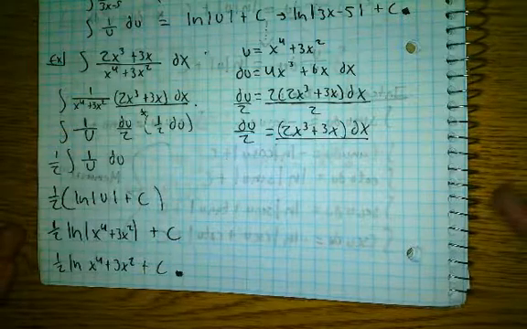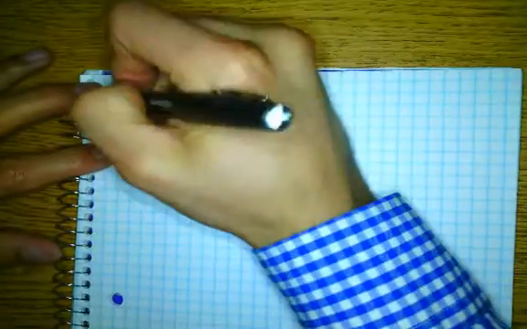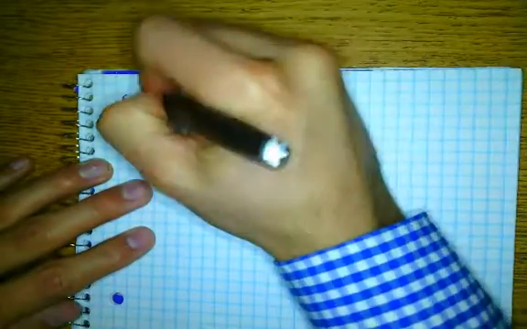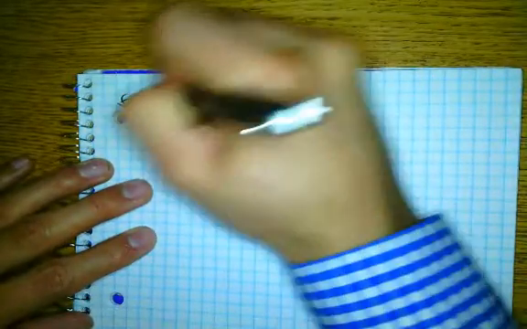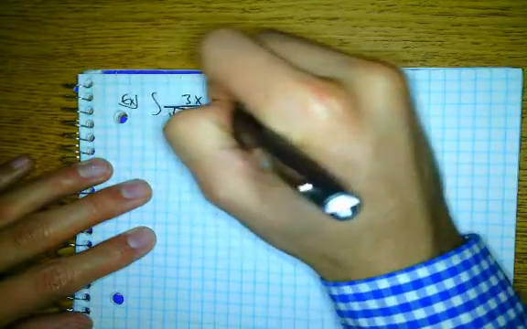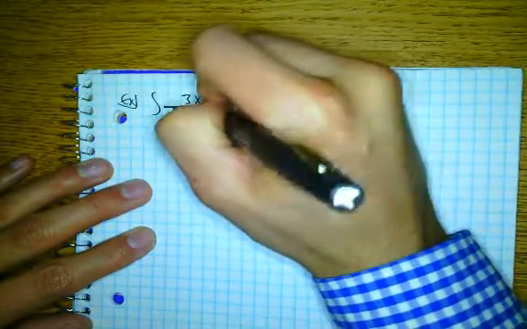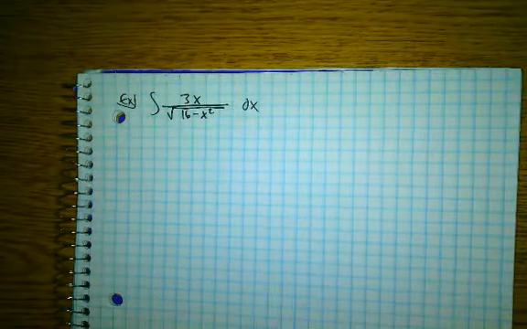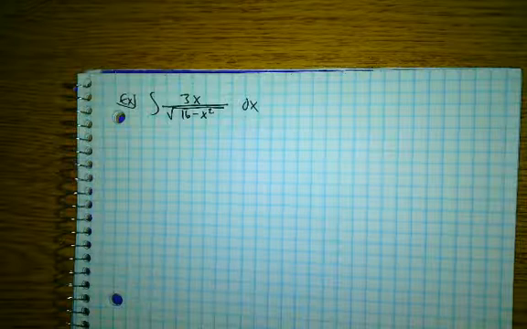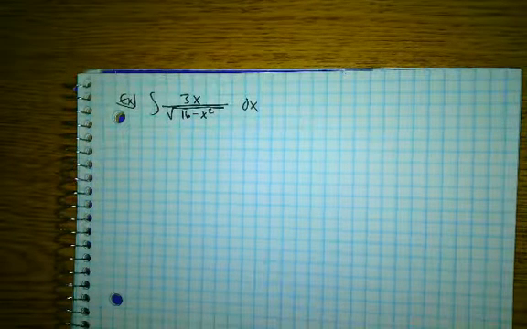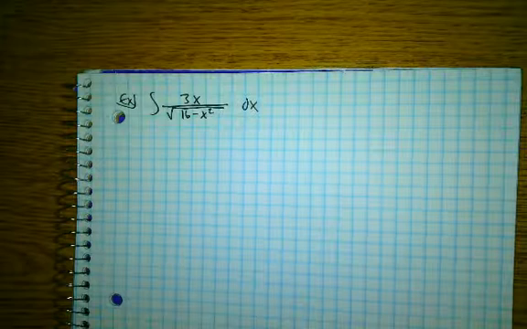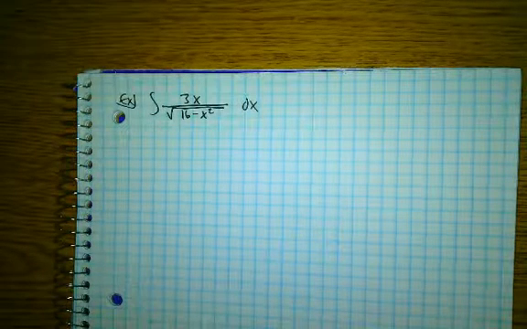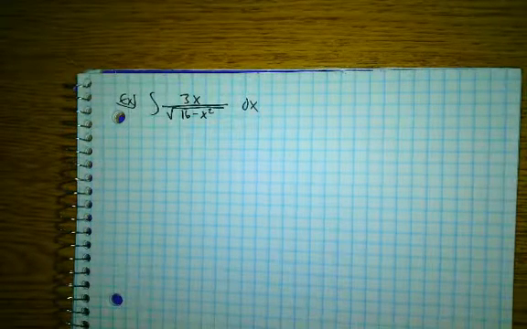Example number 3. The antiderivative of 3x over the square root of 16 minus x squared dx. Uh-oh. Alright, they're starting to get a little bit more complicated now. Suggestions? What do you mean, move everything?